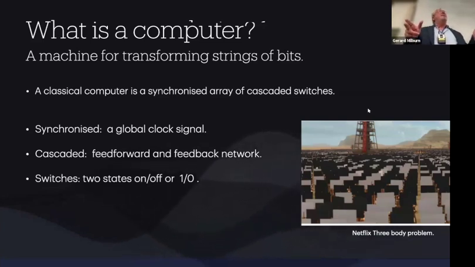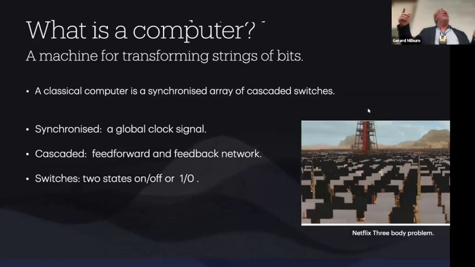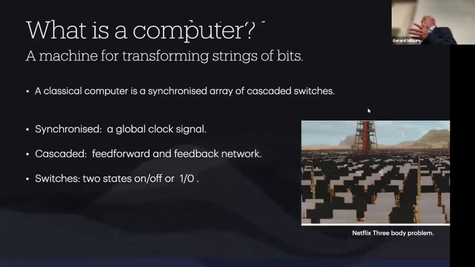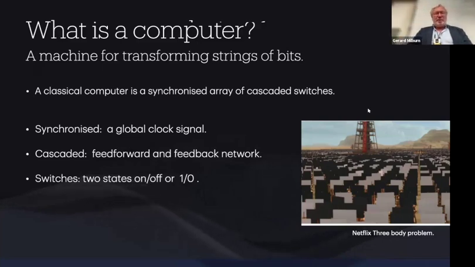If you have a switch which bounces, it's completely useless. If every time you turned the light switch from on to off, it bounced 30 or 40 times before it finally settled into one stable state, that would be very annoying. And so these switches have to be very dissipative. When they're switched, they go from on to off or off to on, and they stay there. Well, more or less. There's a little bit of noise in these circuits that you can't avoid.